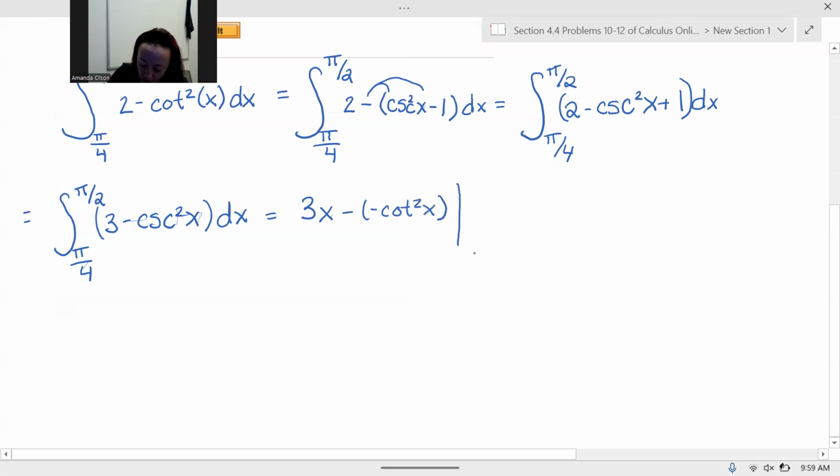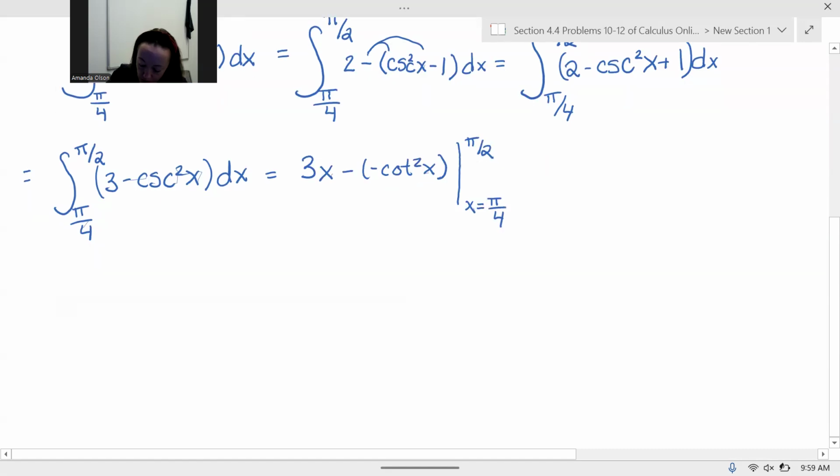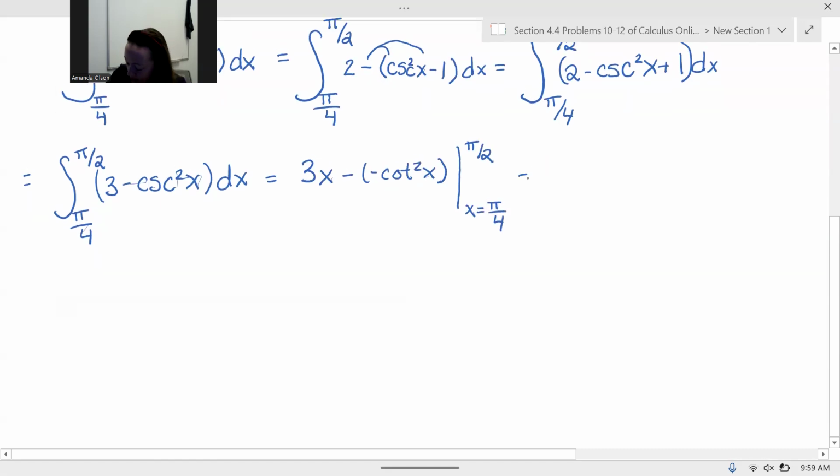And then we evaluate that with x from x equals pi over 4 to an upper bound of pi over 2. So then we rewrite this as 3x plus cotangent x, and then we'll evaluate that from x equals pi over 4 to pi over 2.